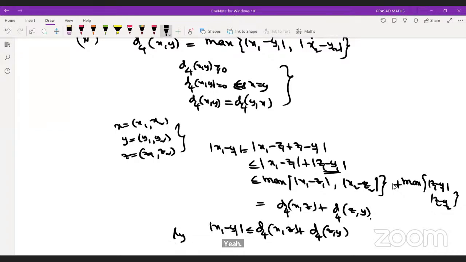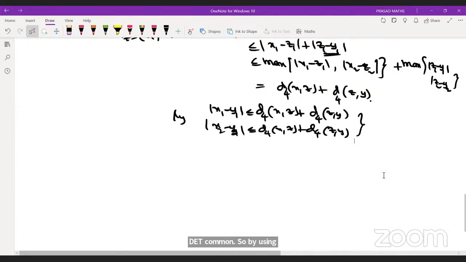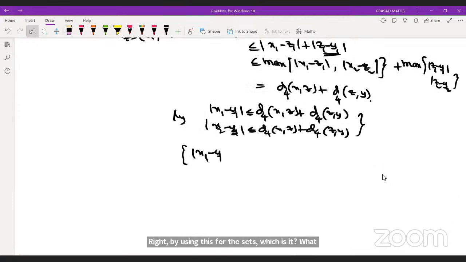Similarly, one can prove it. The distance between, see, if I consider this term, I'm going to get this. If you consider this term, the same one, less than or equal to this x comma z. So by using this, for the set x1 y1, x2 minus y2, this is an upper bound.